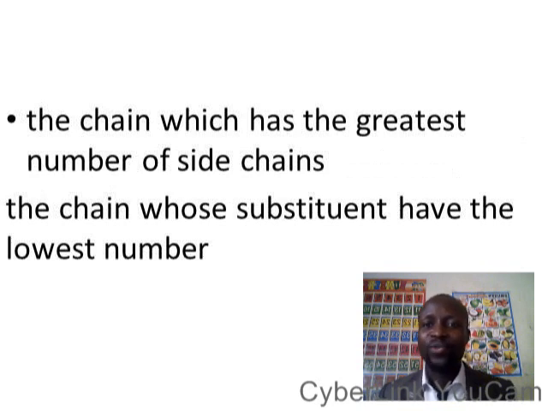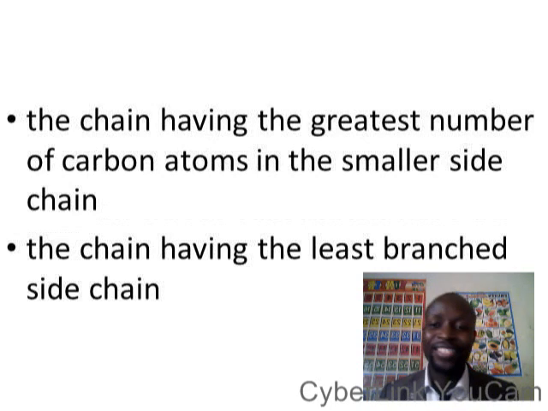The chain which has the greatest number of side chains, the chain whose substituents have the lowest numbers, the chain having the greatest number of carbon atoms in the smaller side chain, the chain having the least branching is considered. So these are the things you should put on your mind as rules guiding the naming of hydrocarbons.